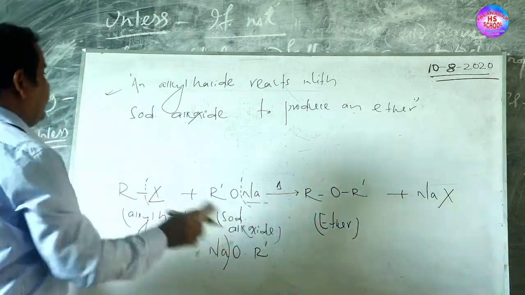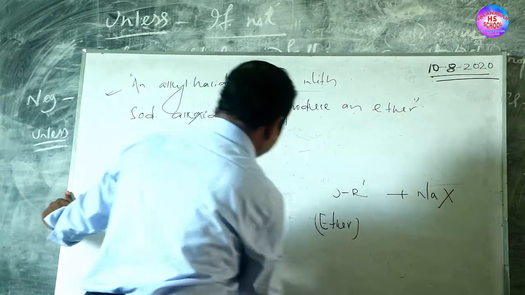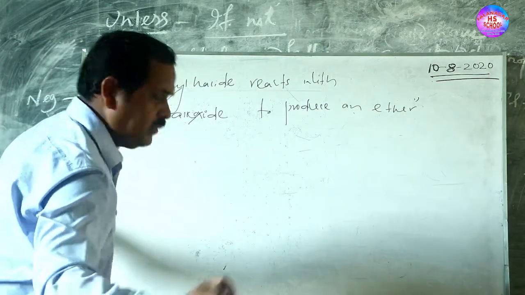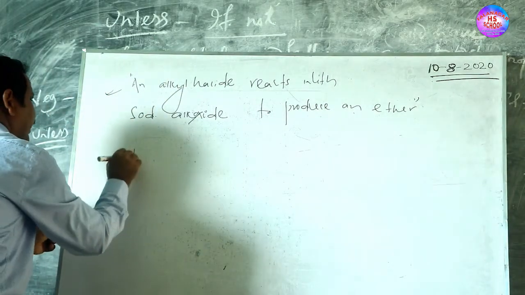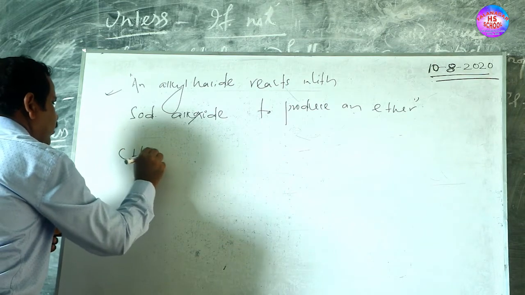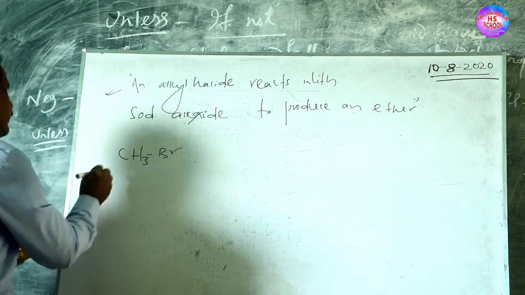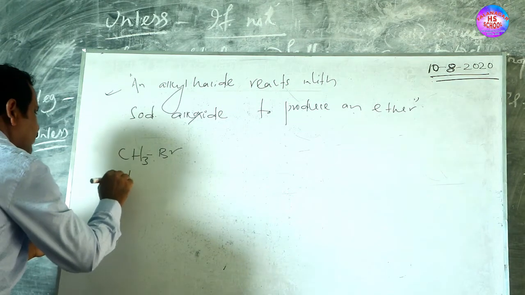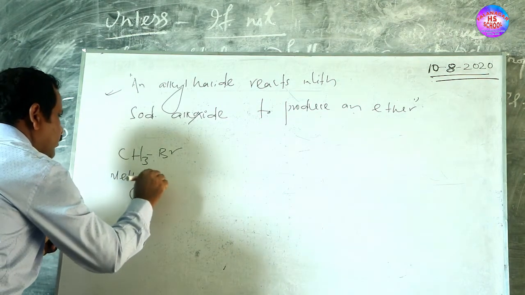Let us take an example. We take methyl bromide, CH3 single bond bromine. That is your methyl bromide.